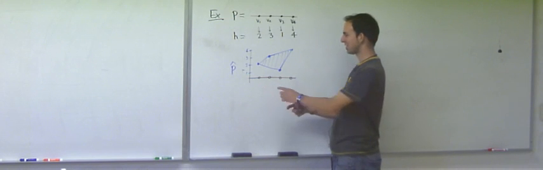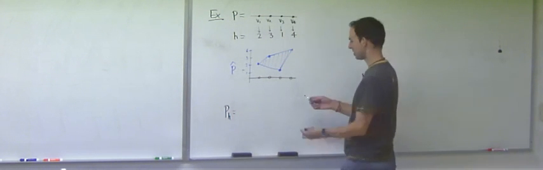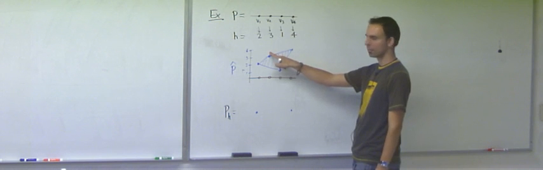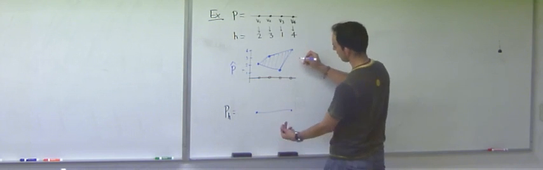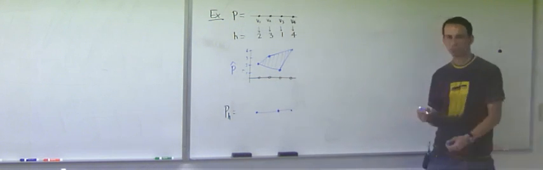Well, you're going to see something that looks like this. You see this point. You see this point. Now, the thing is that you see this point and you don't see this point. And so what you're going to see is this guy. From down here, this looks flat. It looks like a straight line that's cut right here. And this is what you're going to see, p sub h.